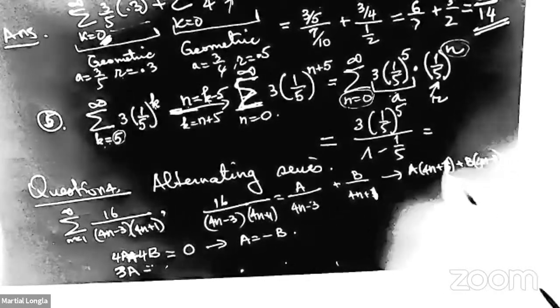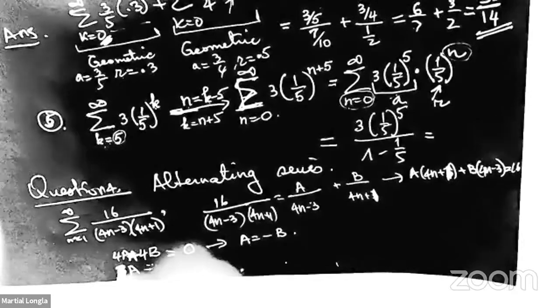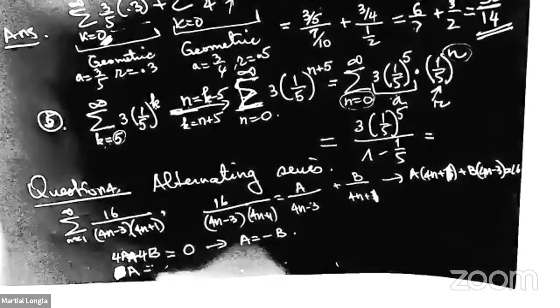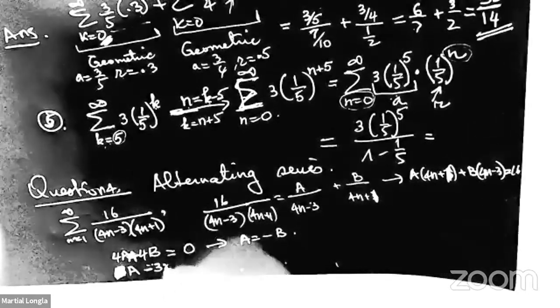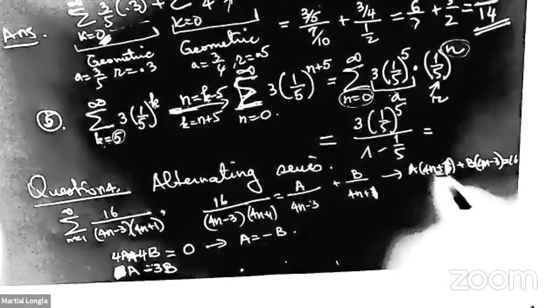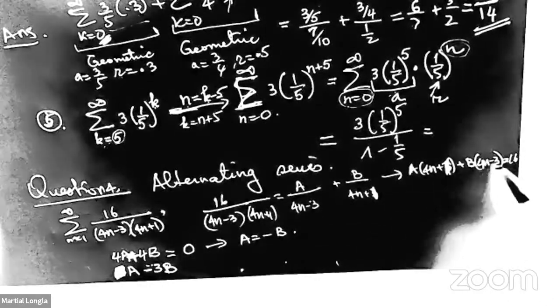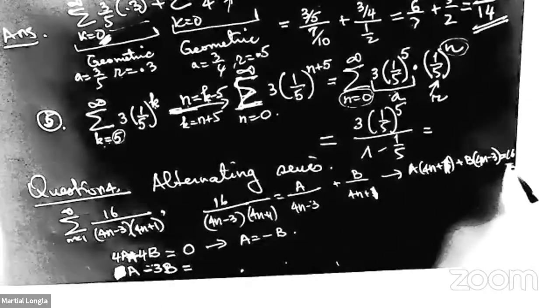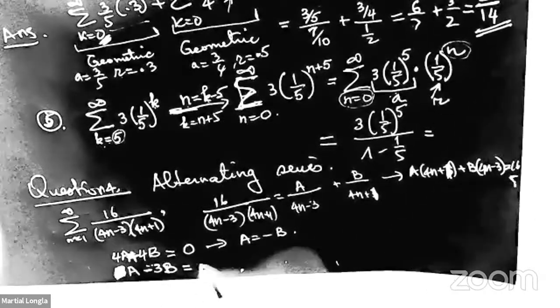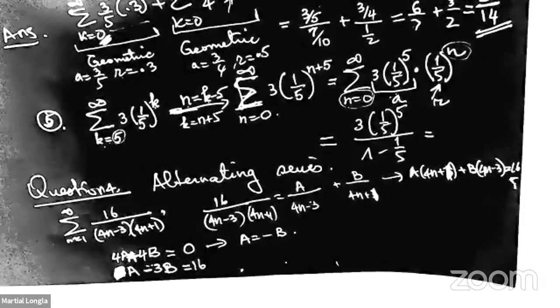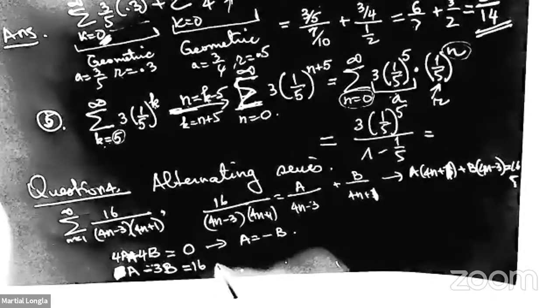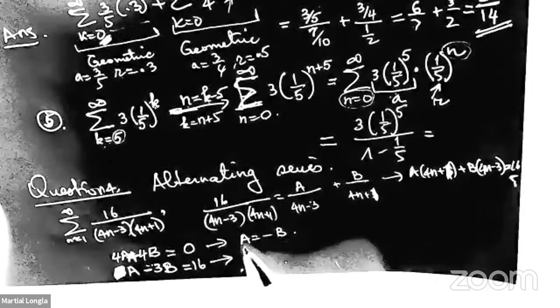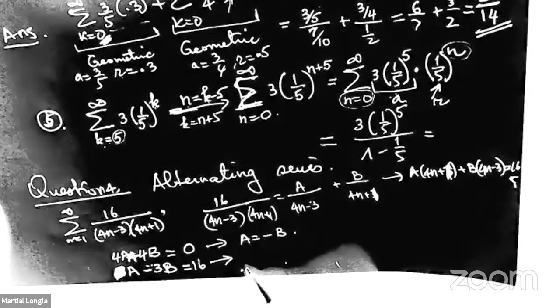So that's a times 1 plus minus 3 times b. And the constant on the right is 16. We are doing here what you call partial fractions, when you were doing integration.